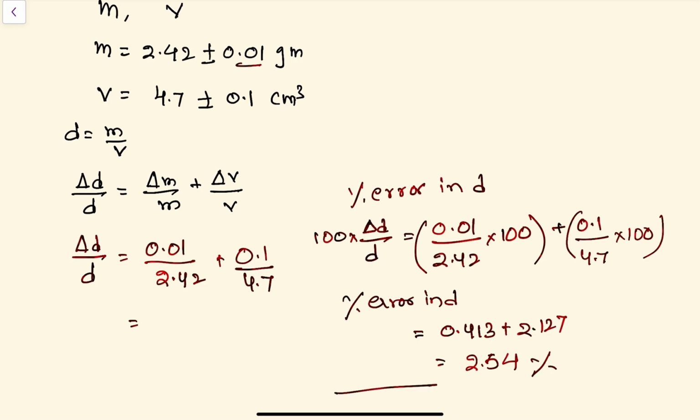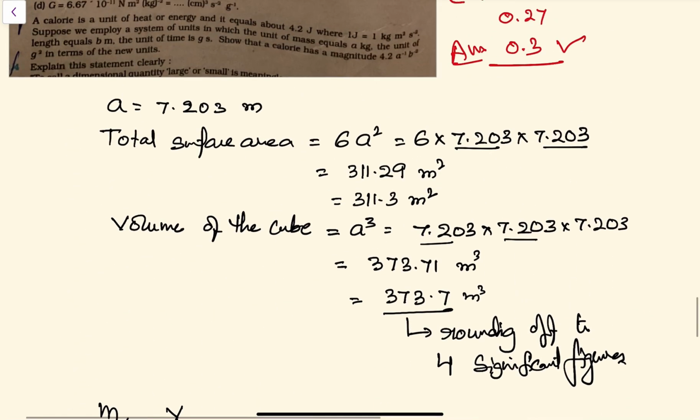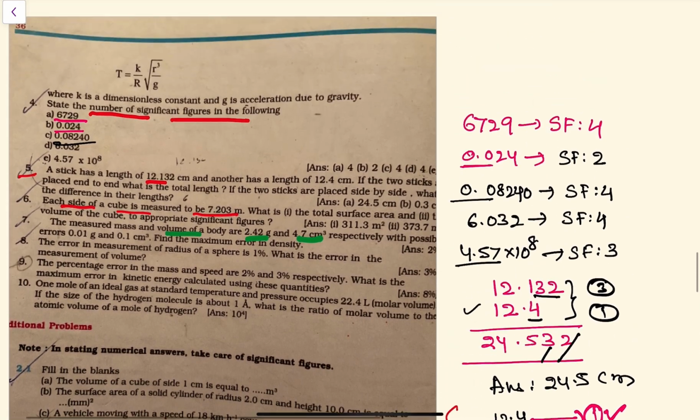This is the maximum percentage error that exists here. This is the relative error, multiplied by 100, which gives us the total percentage error in D. Okay, so this is another problem.